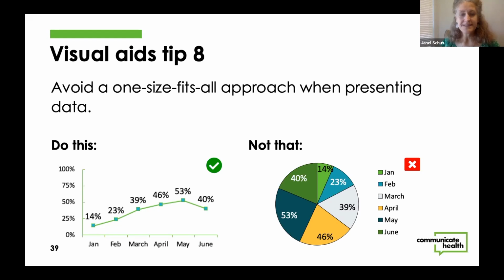This is the exact same information depicted in 2 different ways. On the left, we have one that captures the relationship between the data points, that it adds up to way more than 100%, and it shows the progression over time.